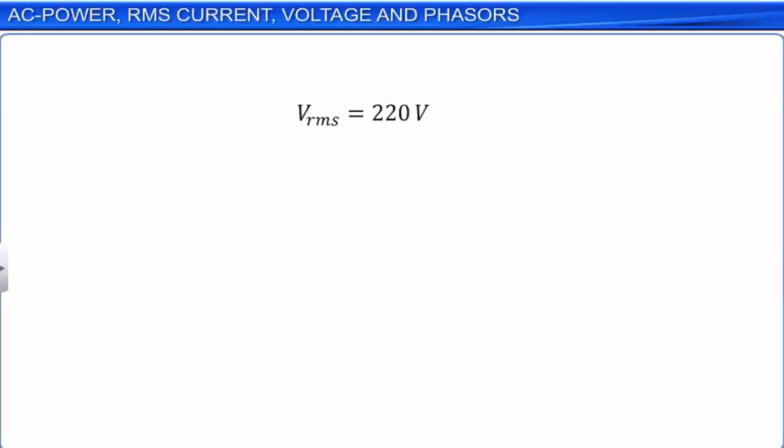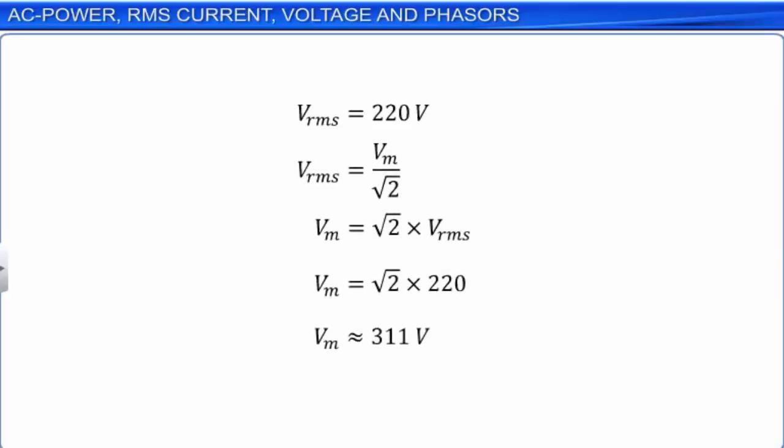Here, 220 volts is the RMS value of the voltage given to domestic consumers. The amplitude of the AC is √2 times the value of RMS voltage. Thus, the amplitude of the AC given to domestic consumers is approximately 311 volts.